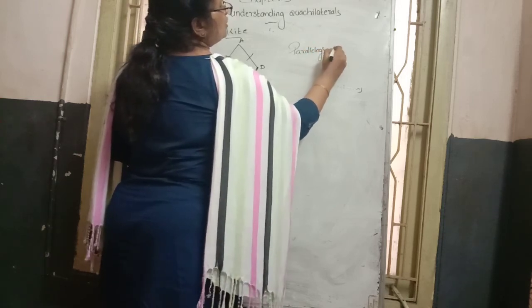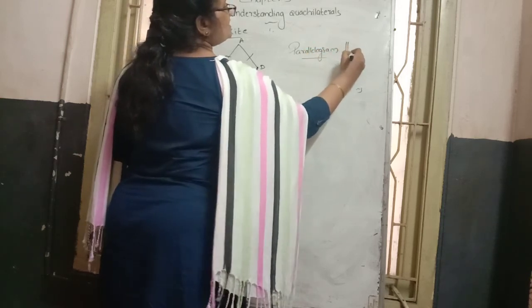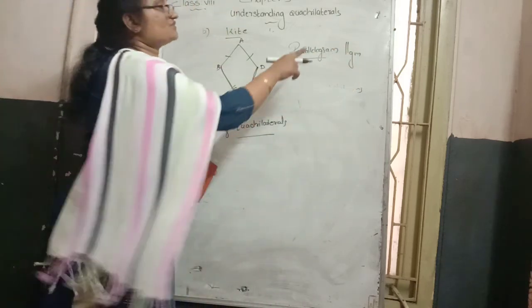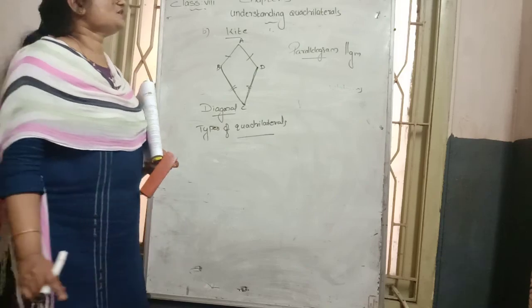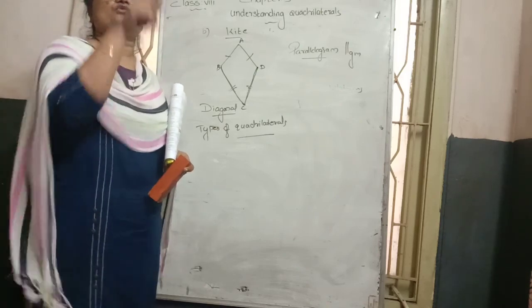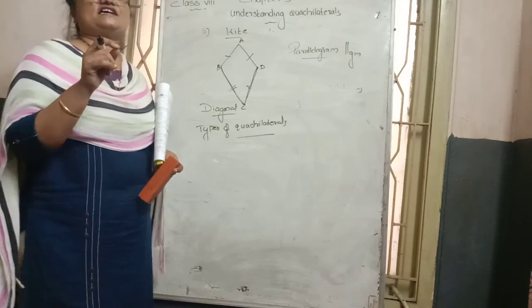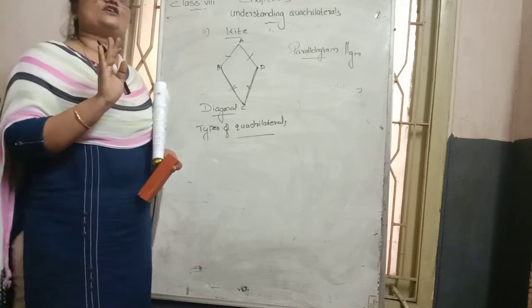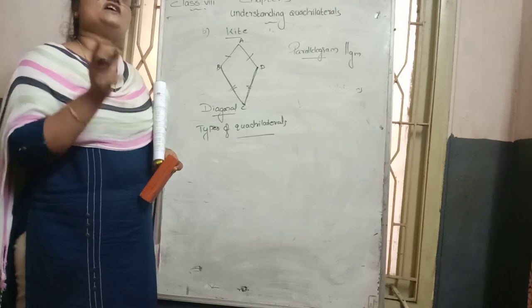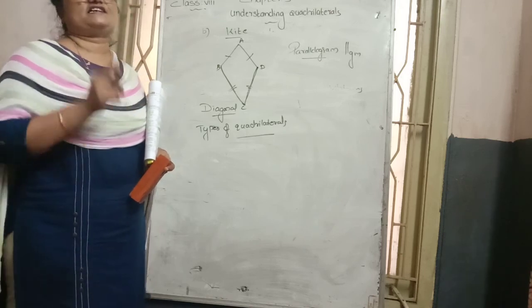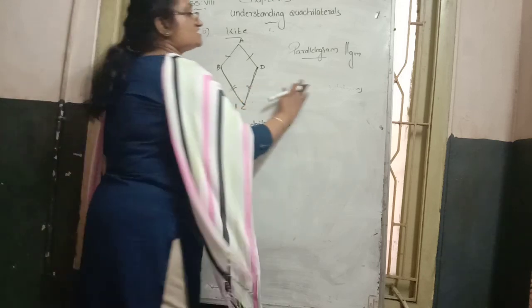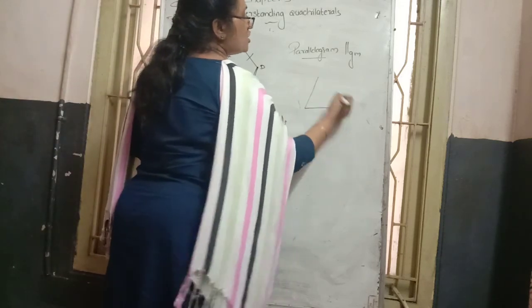Parallelogram, we learned that it is represented like this. We can represent a parallelogram in this way. The symbol of a parallelogram is two long lines, and we read it as parallelogram. A parallelogram is also a quadrilateral, but it has two pairs of parallel opposite sides. In a trapezium there is one pair, but in a parallelogram there are two pairs of opposite sides.